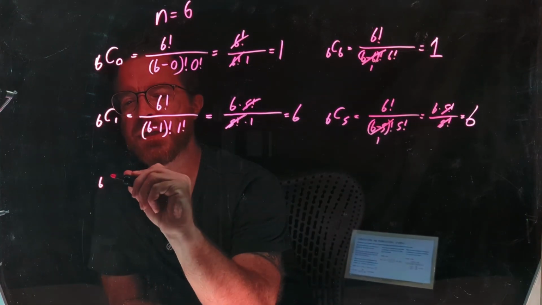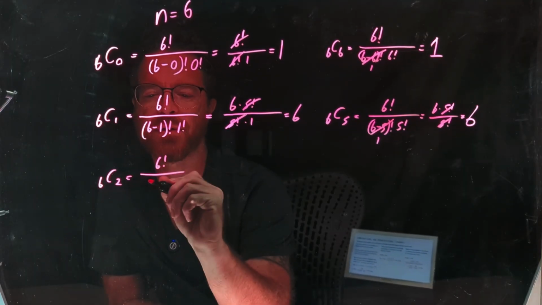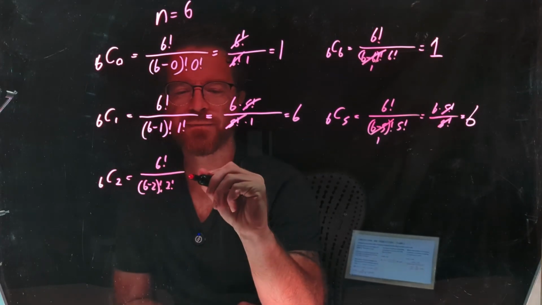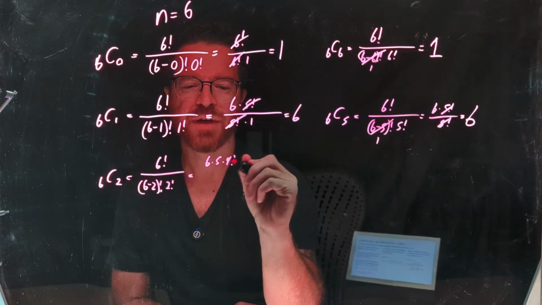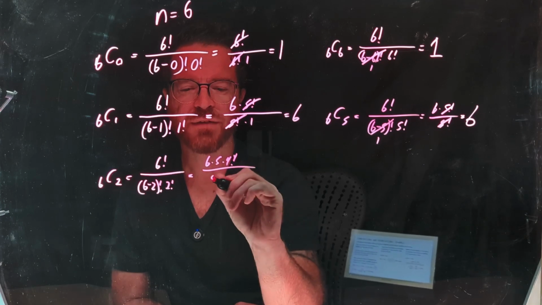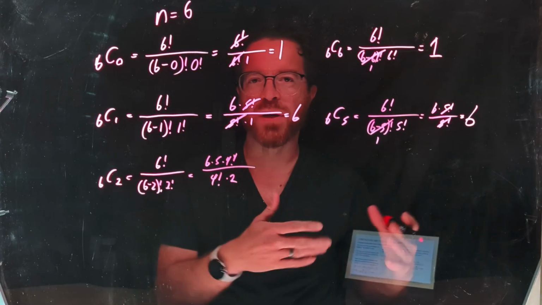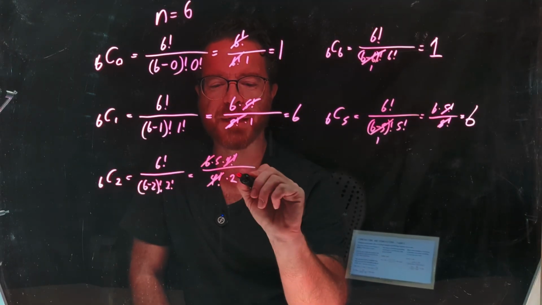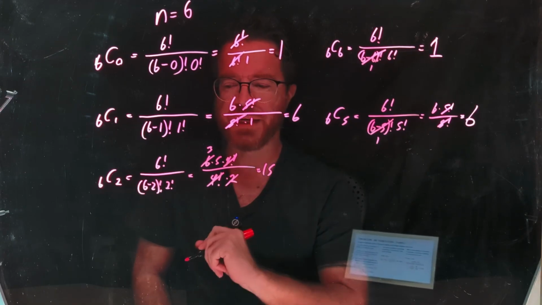If I do 6 choose 2, this will be 6 factorial over 6 minus 2 factorial, 2 factorial. This is going to be 6 times 5 times 4 factorial divided by 4 factorial times 2, because 2 factorial is just 2 times 1. The 1 doesn't have any effect. The 4 factorials cancel. This is going to be 3 times 5, which is 15.